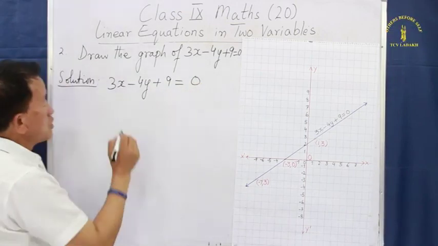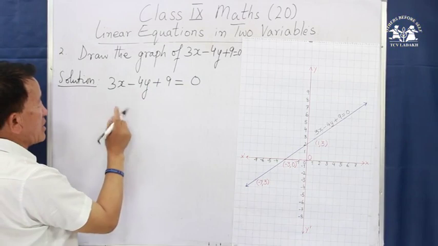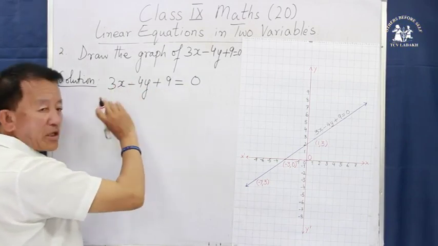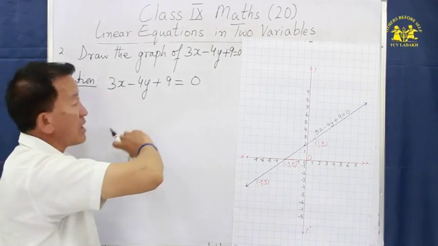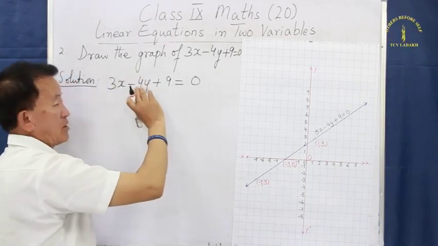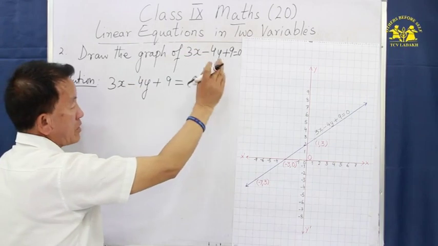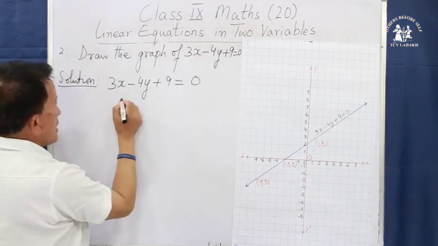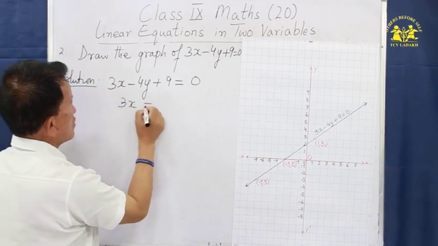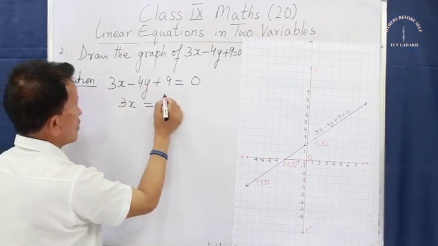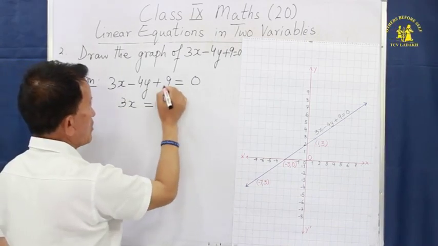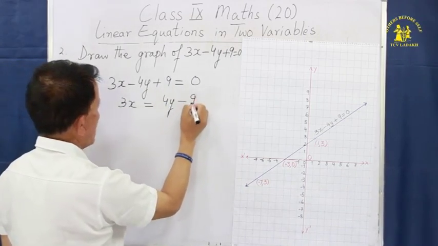Now we slightly modify this again, separating the two variables. Keep one variable on the left hand side and take the second variable and the constant to the other side. So here we get 3x is equal to minus 4y, which goes to the right hand side and becomes plus 4y, and plus 9 becomes minus 9.